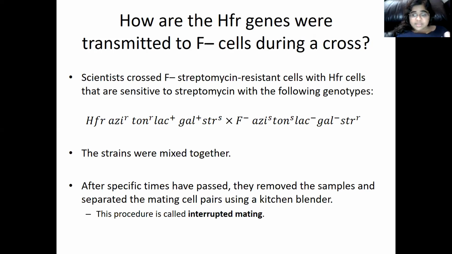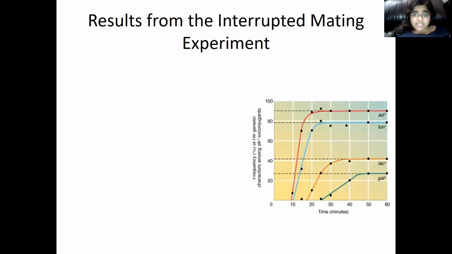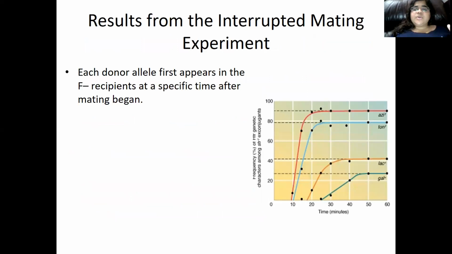With this interrupted mating technique, they found that each donor allele first appears in the F negative recipients at a specific time after mating begins.